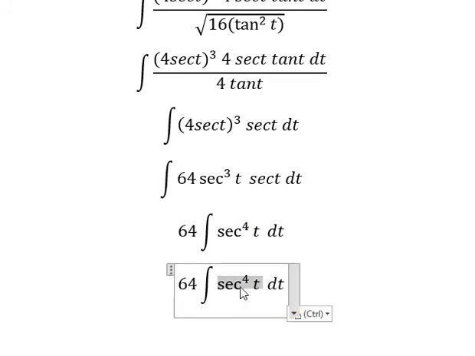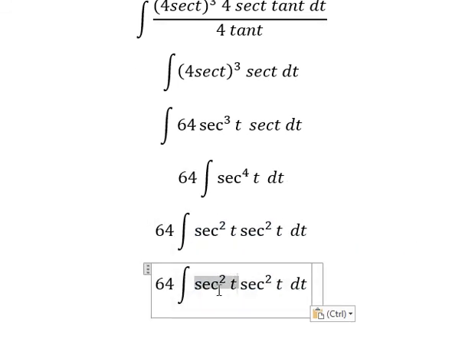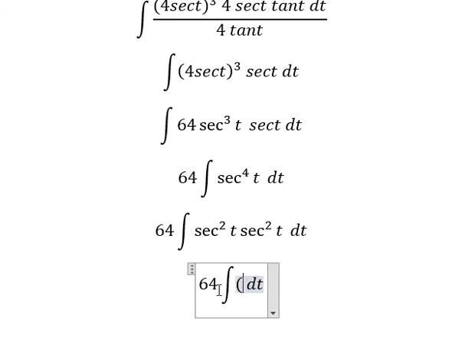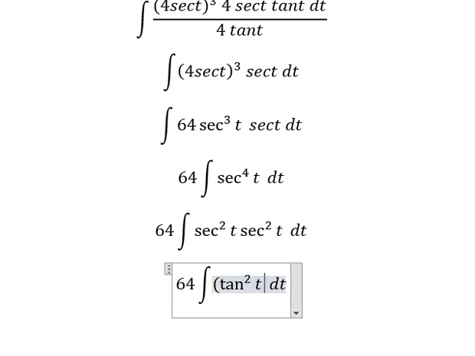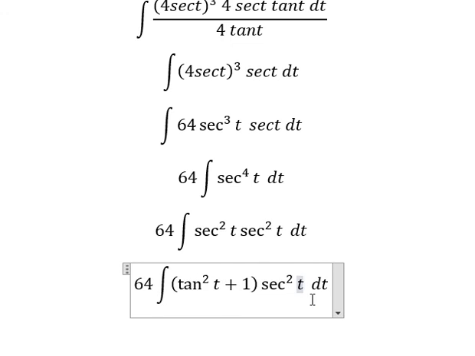So this one we can put as secant of t squared times secant of t squared. Next, secant of t squared we can change into tan t squared plus 1, multiplied by secant of t squared.